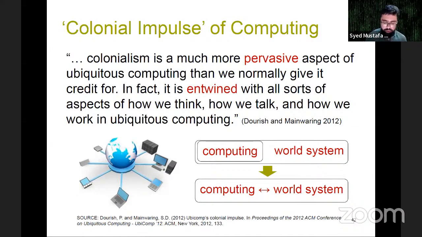While endorsing this view, I suggest that this colonial impulse is far more deeply embedded in the broader expansionist thrust of computing, associated with the transformation of the modern world through incessant computerization, latterly digitalization, and more recently datafication, and the rise of a purportedly global information society.